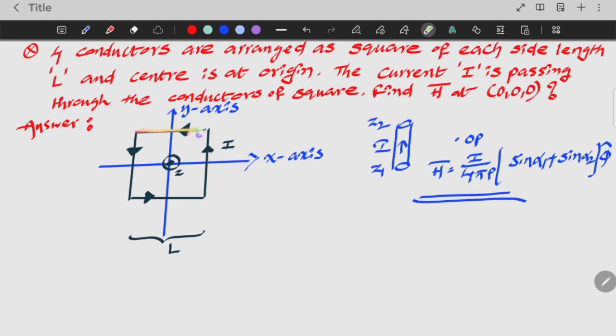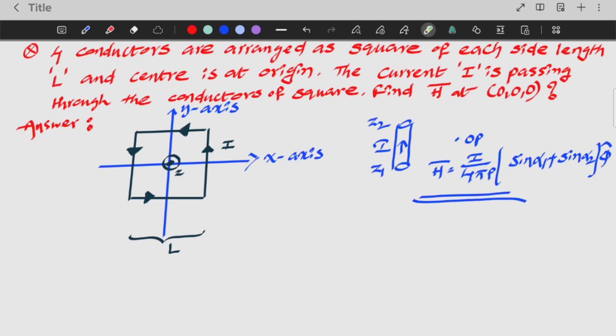Or if you take this conductor, and you want to find the magnetic field at this particular point, this point is in between the lower end and upper end of the conductor. Similarly, this one, similarly, this one. That means we have to calculate 4 magnetic field intensities due to the 4 conductors which are the sides of the square loop. And in all the cases, the same situation is there: the observation point is in between the upper end and lower end of the conductors.